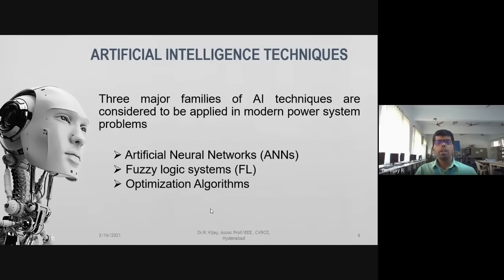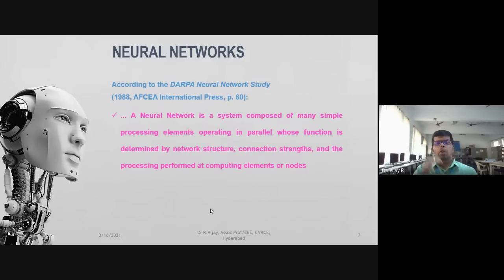Now we are going to see the neural networks. What is a neural network? According to DARPA, a scientist who gave this definition in 1988: a neural network is a system composed of many simple processing elements operating in parallel, whose function is determined by network structure, connection strengths, and the processing performed at computational elements or nodes.